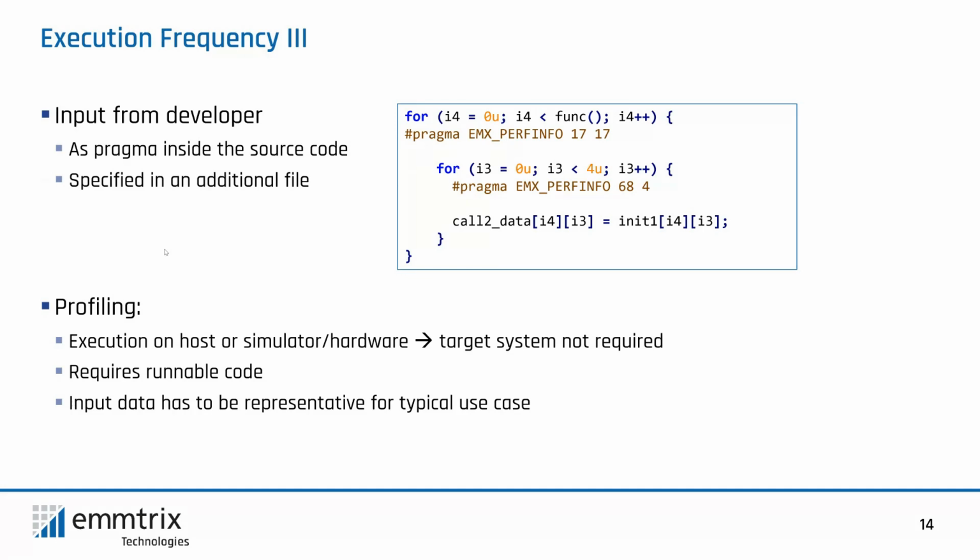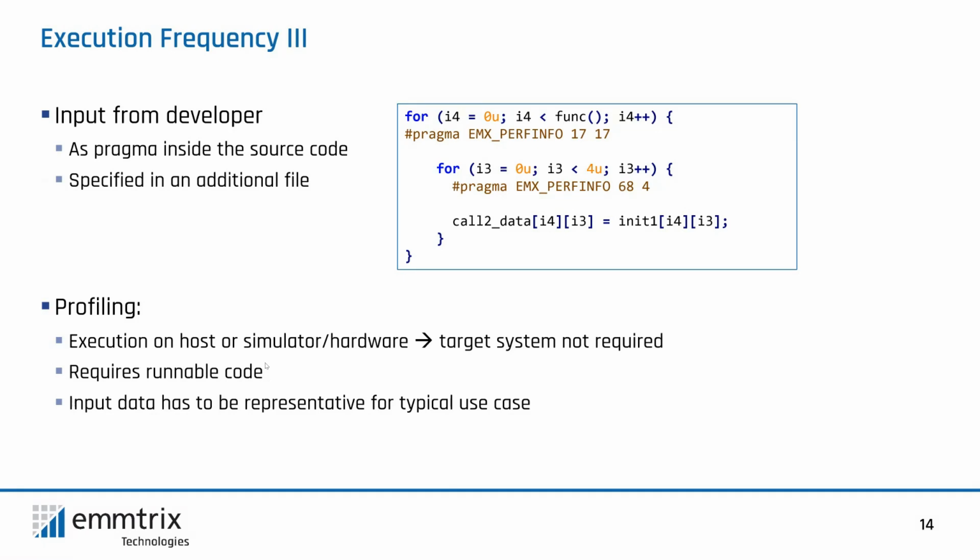But in order to be able to use the profiling, we require runnable code. Everything else I mentioned before does not require the code to be runnable. We can basically analyze the code, we have the sizes, we can analyze how often everything is called inside of that function, but without executing it. For profiling, we need to be able to compile the code.